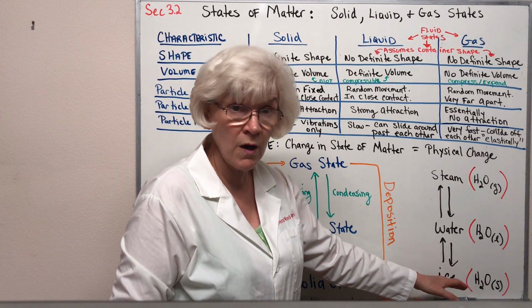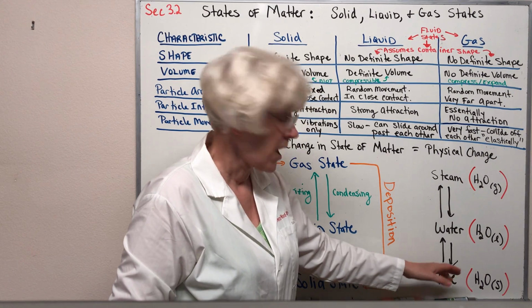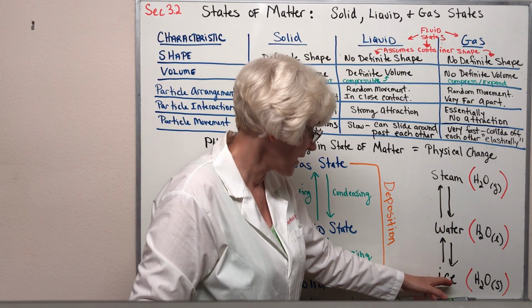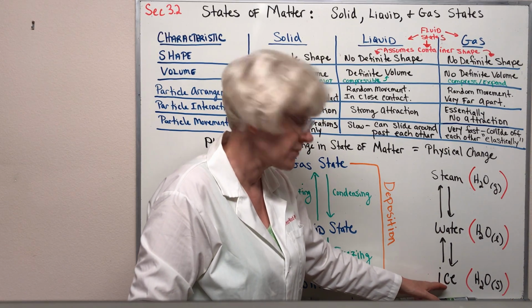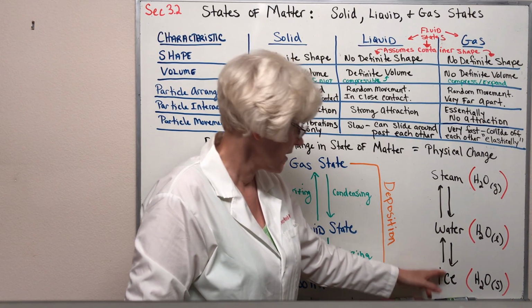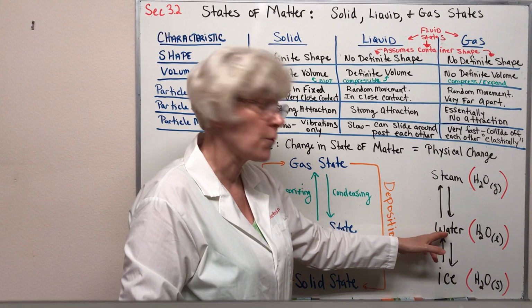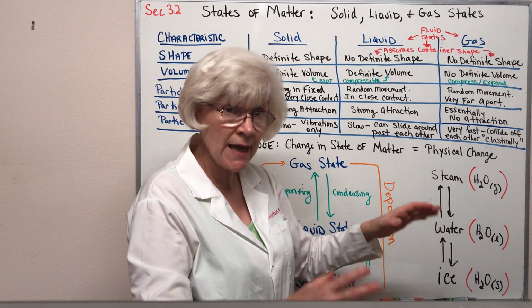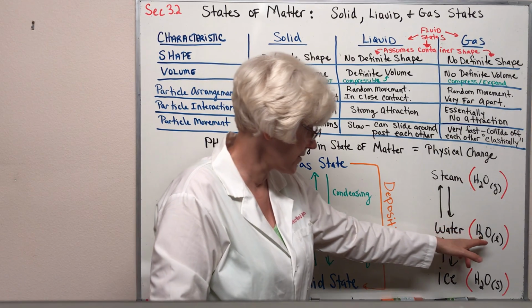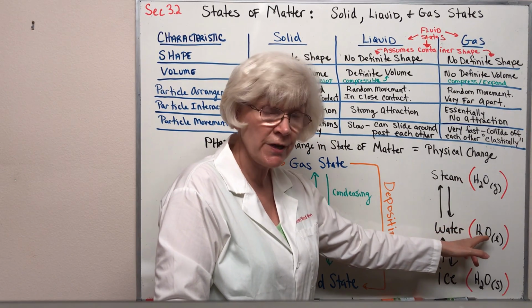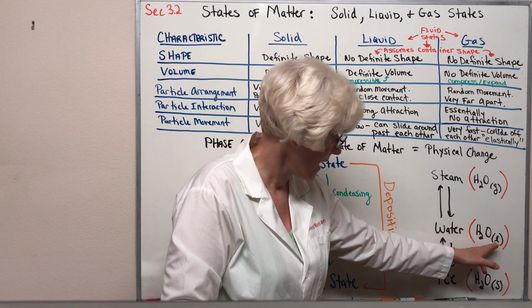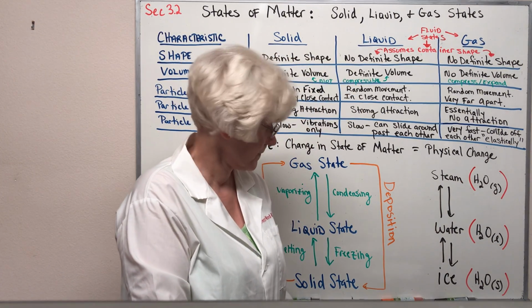And then giving an example of this process using the very, very familiar, most abundant substance on the planet, water, we see on the planet's surface, water in the solid phase is referred to as ice, and you can melt ice and form water. And if you use the term water, a chemist understands that you're referring to water in the physical state of a liquid, hence the lowercase l.